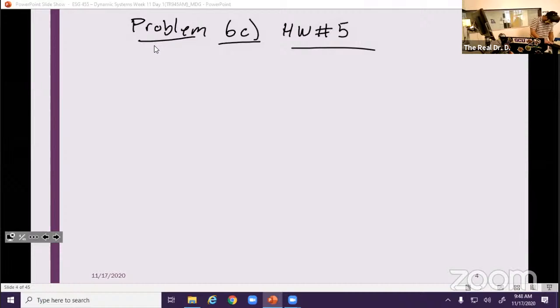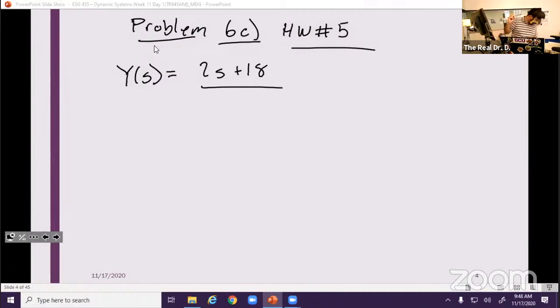So problem 6C gives us the Laplace domain variable Y(s) equal to (2s + 18) over (s squared + 8s + 20).